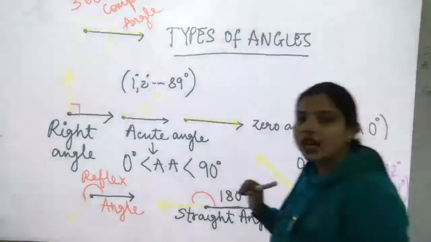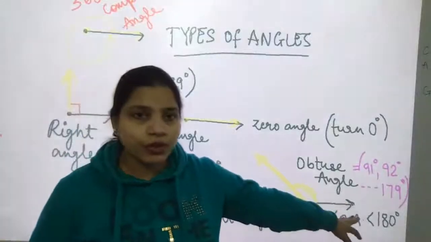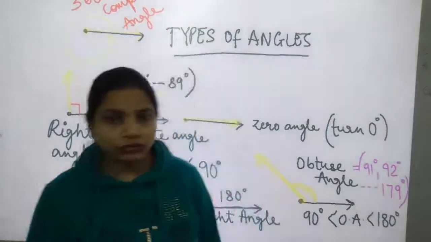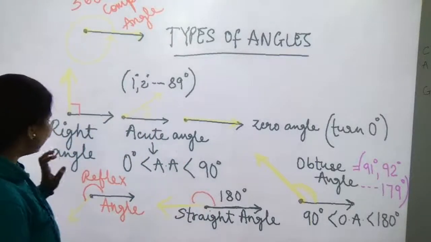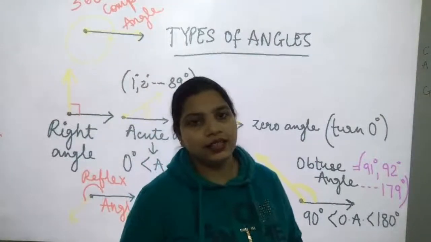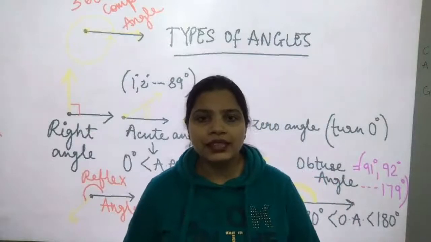That means it starts with 91 and the maximum value of obtuse angle could be 179 degree. After obtuse angle, we have straight angle and then reflex angle. So these all are the types of angles.